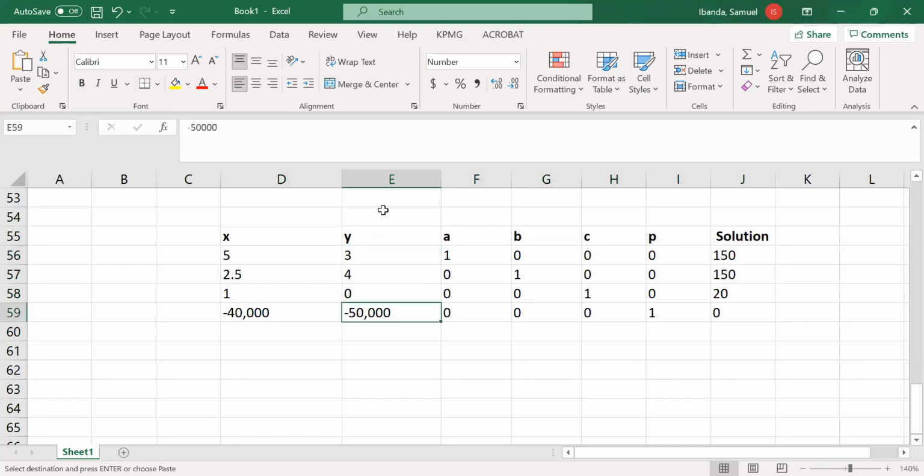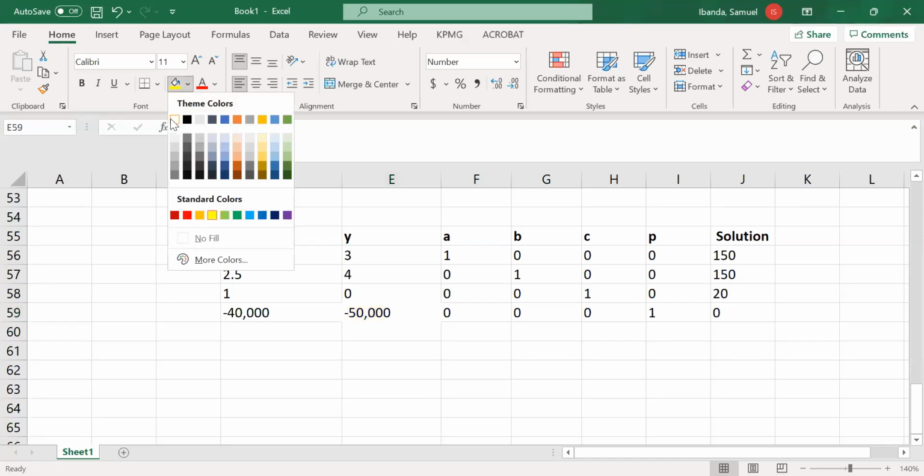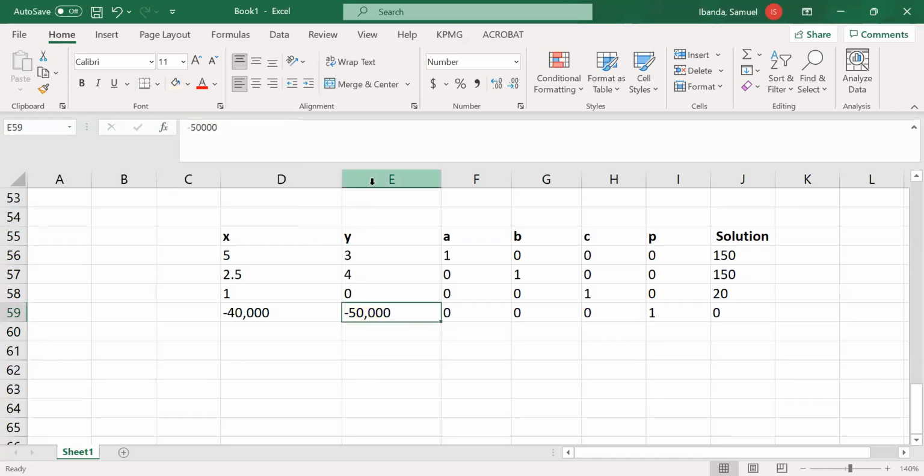This is the column that has the higher negative, and it is going to give you your pivot column, the 50.